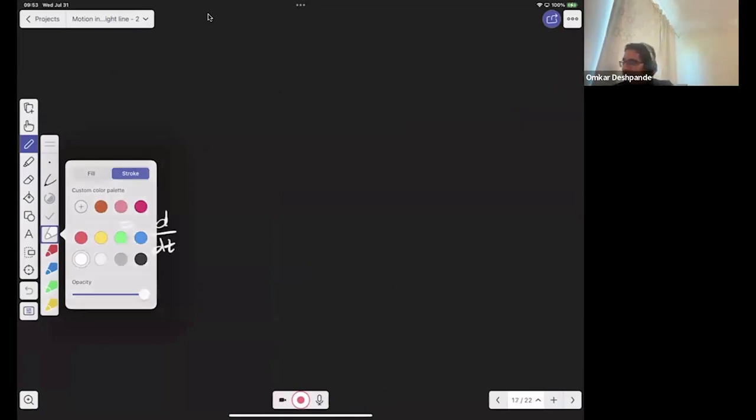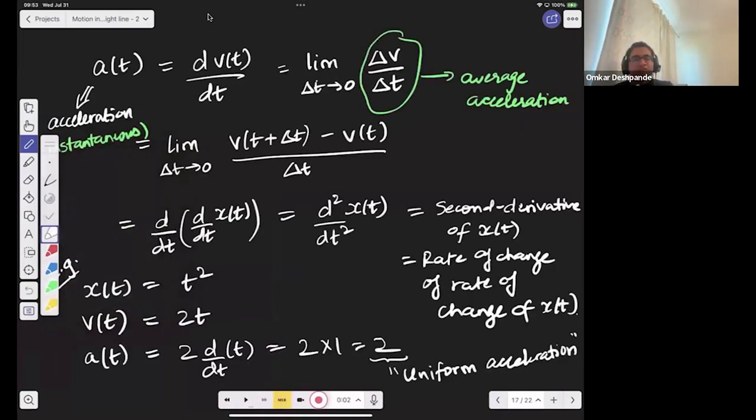What does it mean for acceleration to have a negative sign? It's possible that when we take the derivative of v of t, we'll get some magnitude for the acceleration, but it also might have a positive or negative sign. We know what it meant for x of t to have a negative sign: the displacement was towards the left.